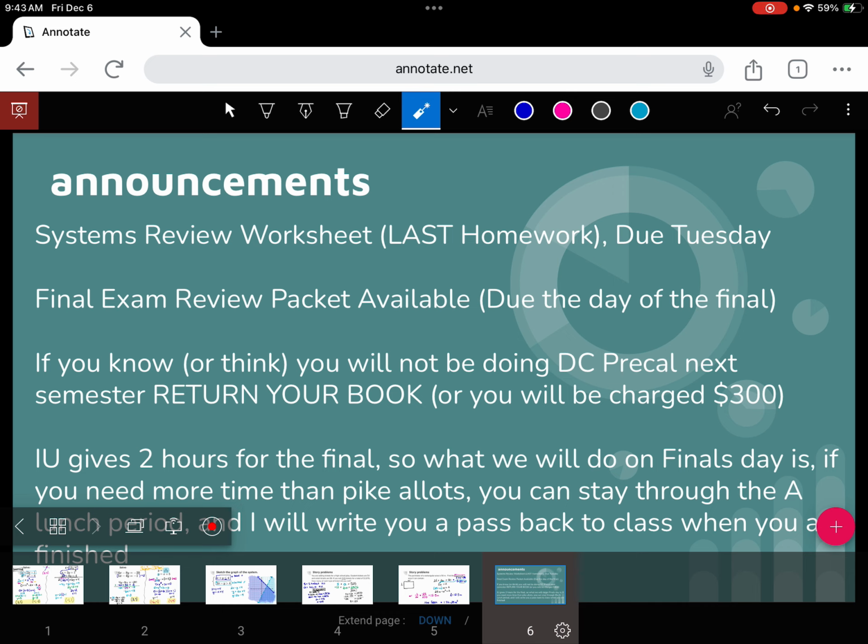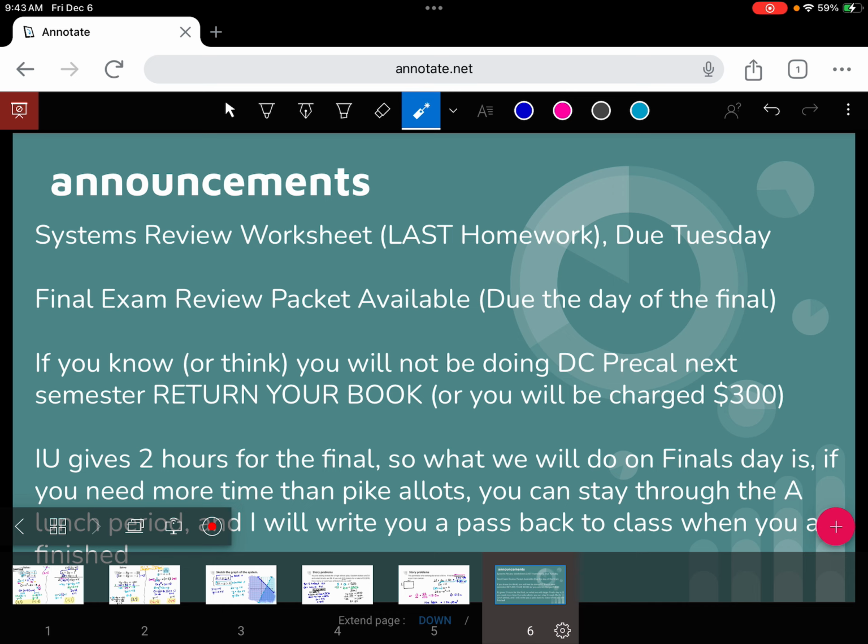Right on the fingernail. If you do not know if you're doing DC next semester, or if you know you're going to drop it, bring me your book. They're $300 and they won't let you graduate until you pay it. Also, IU gives 2 hours for its final. Looking at it, honestly, you might not need it, but I'm not going to say you can't have that time.